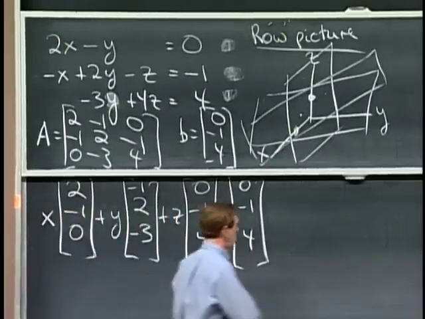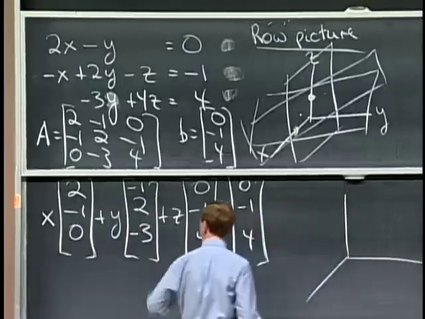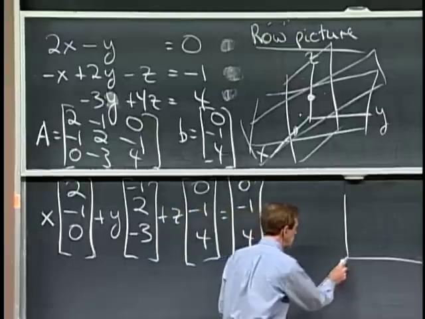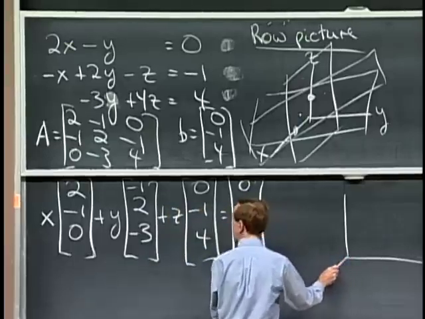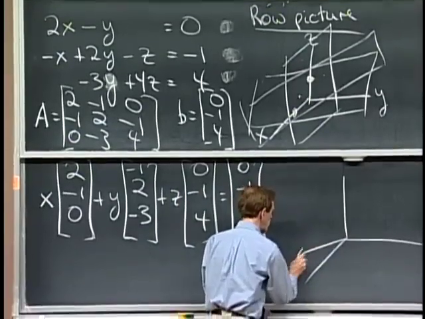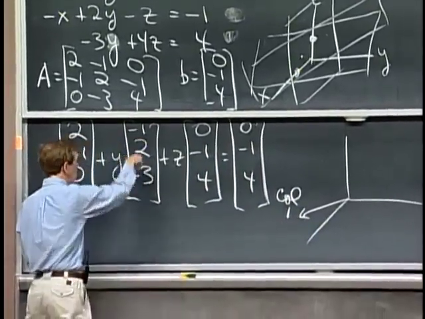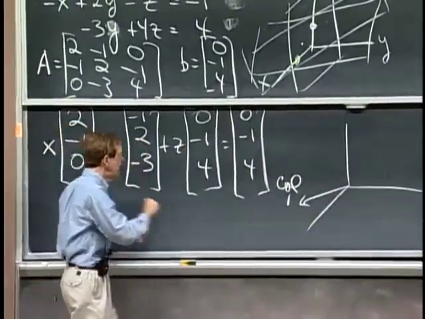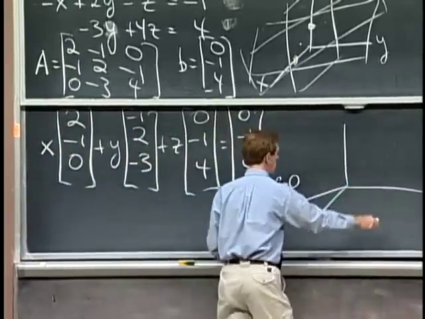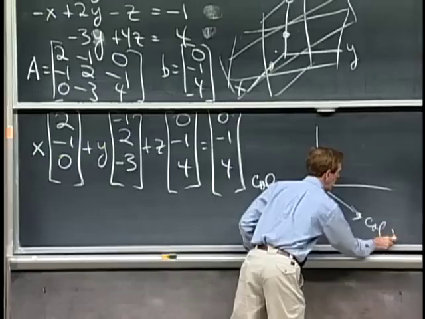Shall I try to draw the column picture then? Since these vectors have 3 components, so it's some multiple. Let me draw in the first column as before. So x is 2 and y is minus 1. Maybe there's the first column. The second column has maybe a minus 1 and a 2 in the y's and minus 3 somewhere there possibly, column 2.